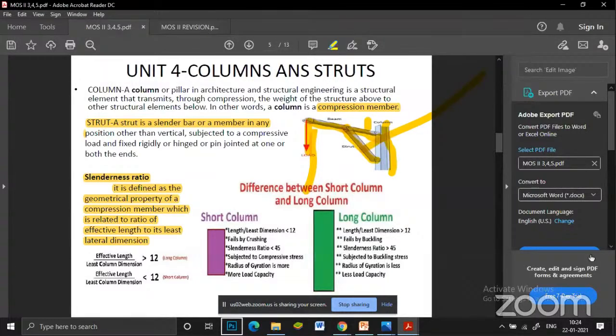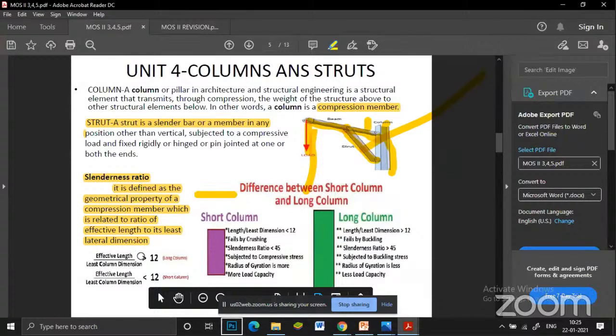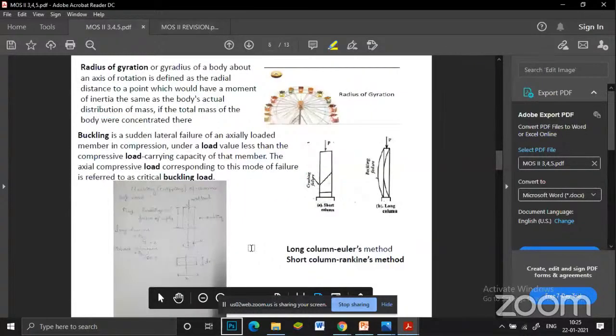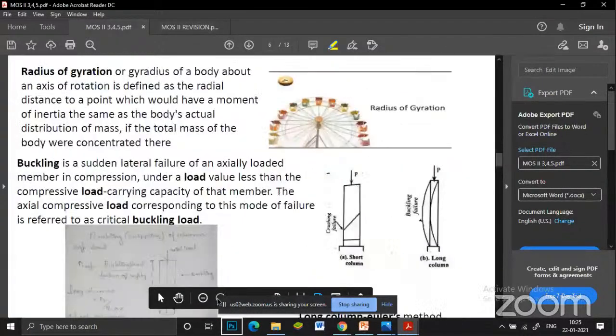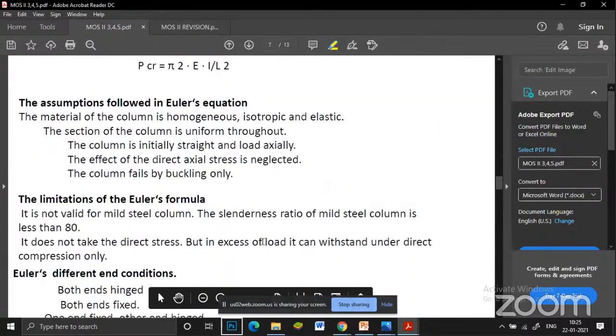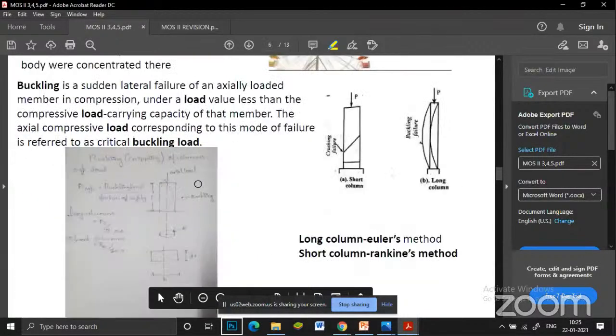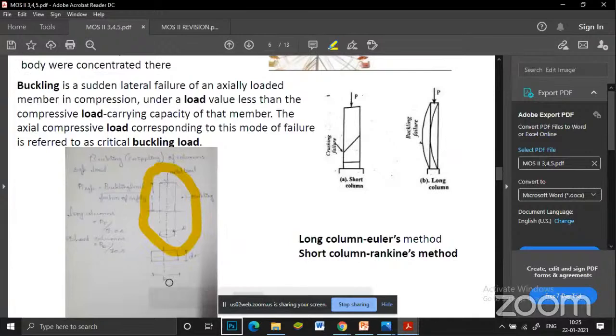Here, L is the effective length. You find the formula. Then what is the least column dimension? See this picture. Here a circular column is given. This is a section, the overall plan of the circular column.